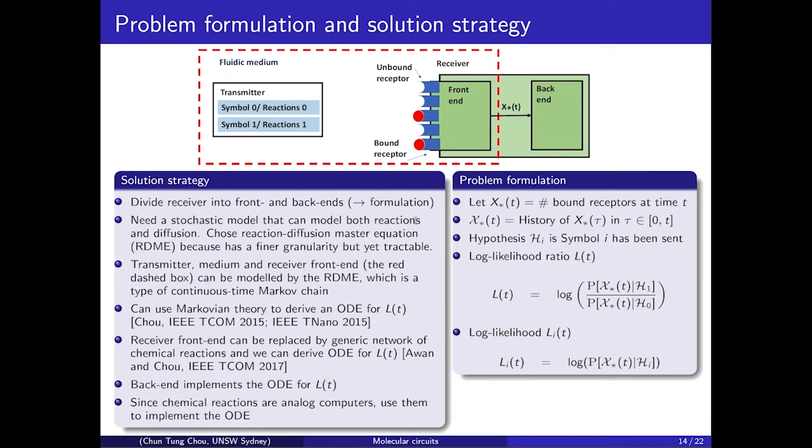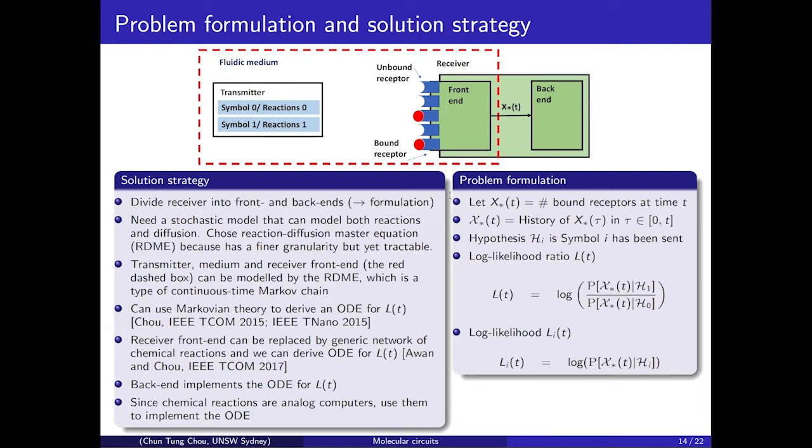I have redrawn the pictures from the last slide. I have the transmitter, and I also have the receiver. I have divided the receiver into two parts that I call the front end and back end. The front end will only have the receptors, and I will come to what the back end is later on.